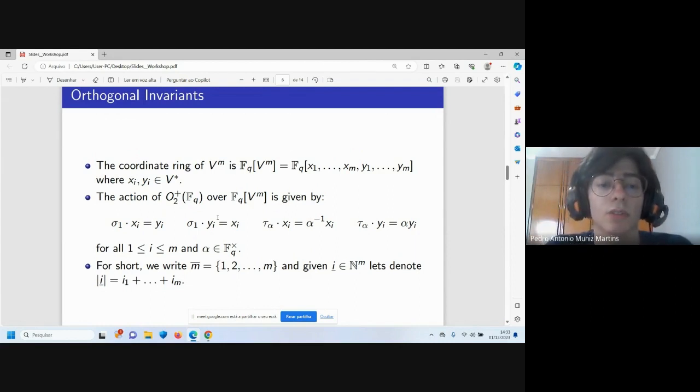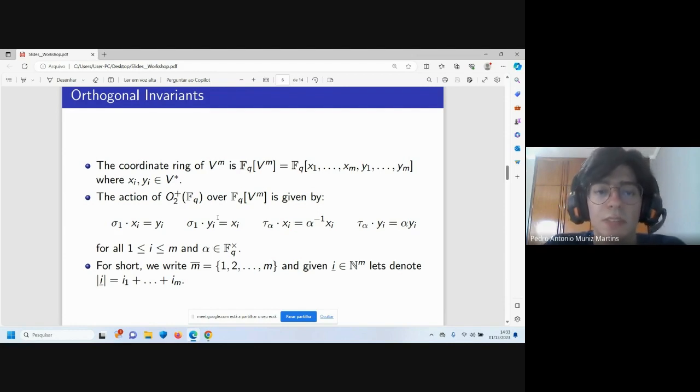The action of O2 plus over our coordinate ring is given by this table here, where sigma 1 just permutes x_i and y_i, and tau alpha just multiplies x_i by alpha inverse, and multiplies y_i by alpha. This is for all i between 1 and m, and for all alpha in our field without zero.